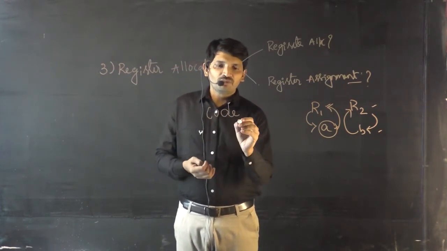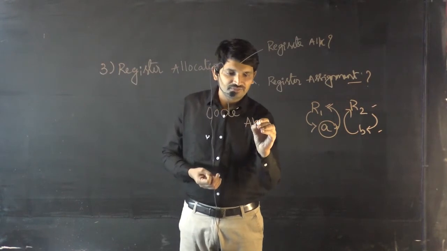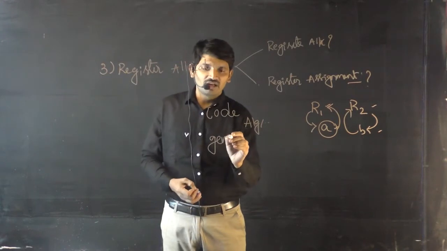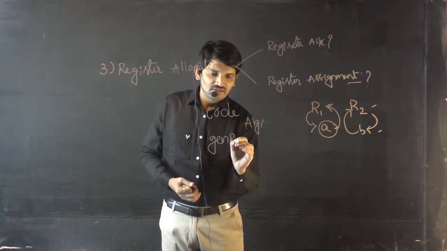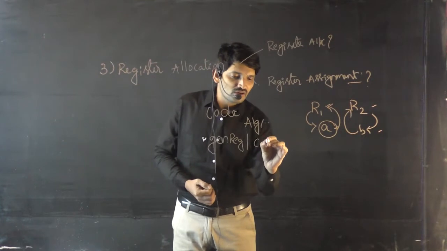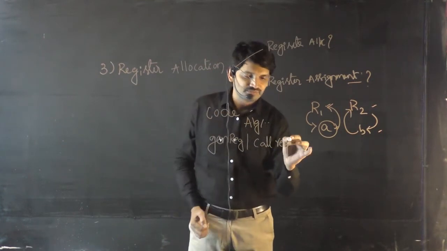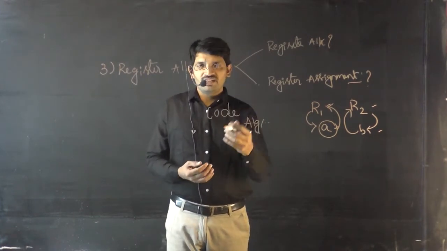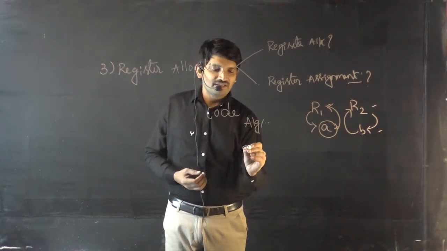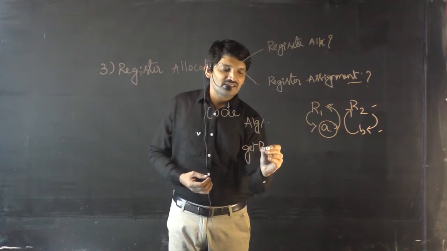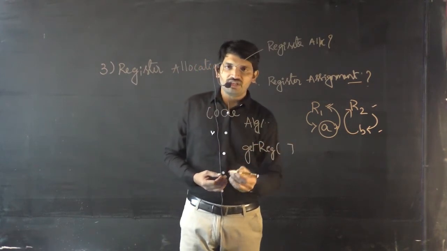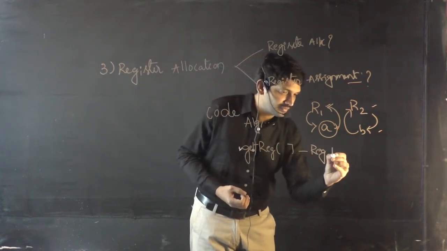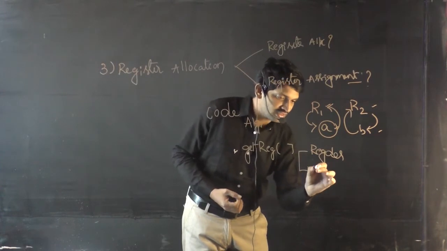If you are going to discuss the code generation algorithm, we have to call a function, get register. While generating the code, we use this function getreg, and we use two notations: register descriptor and address descriptor.